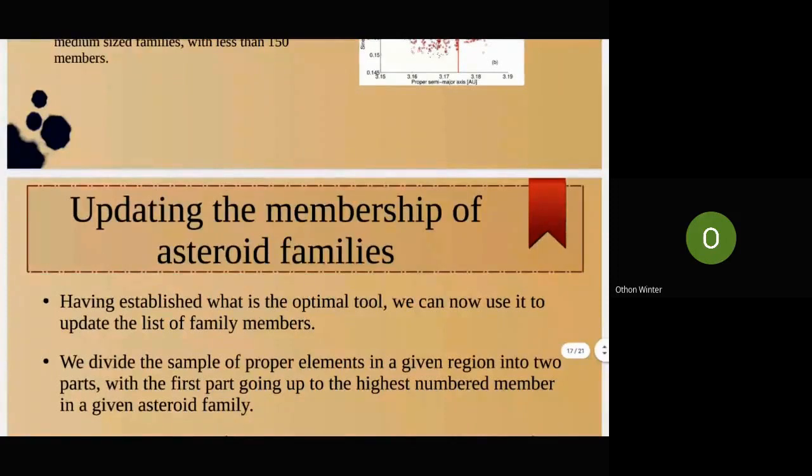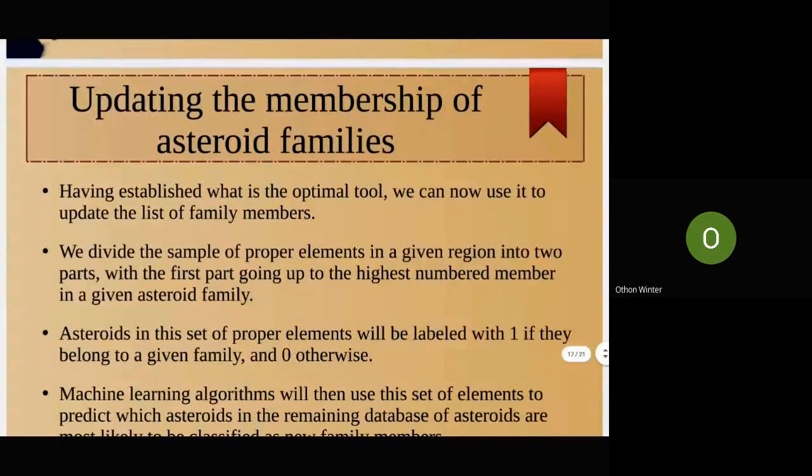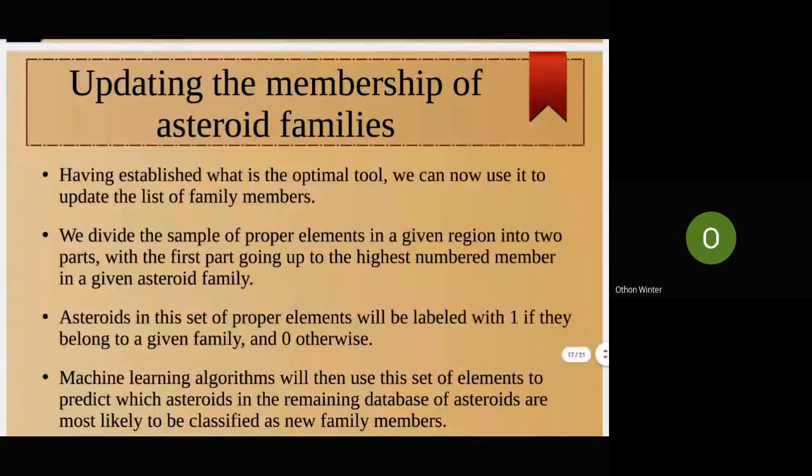We tested these algorithms also for other families that were not included in the first phase of the study, and we confirmed that ExtraTree was the algorithm that outperformed the other machine learning algorithms in most cases. So this tends to be the preferred algorithm for studying membership of asteroid families.